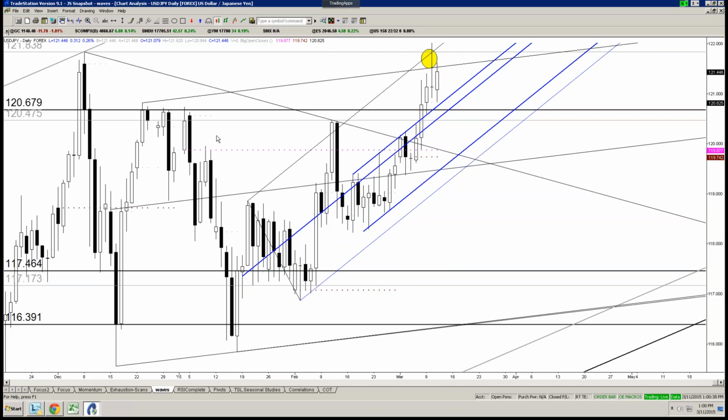It will be heavy on yen crosses today, and I want to start the webinar looking at dollar yen, just to point out where we are. Longer term charts, obviously the daily and the weeklies, you can all find on the long-term charts section of the page or the website.